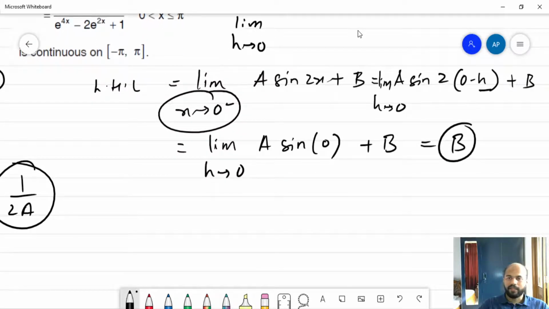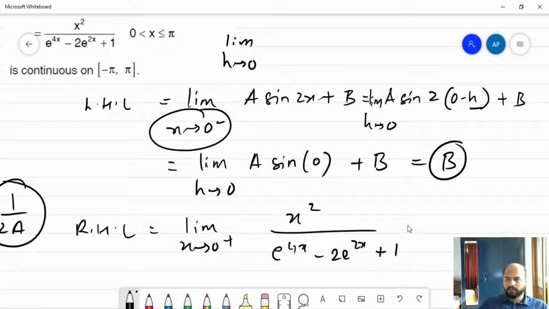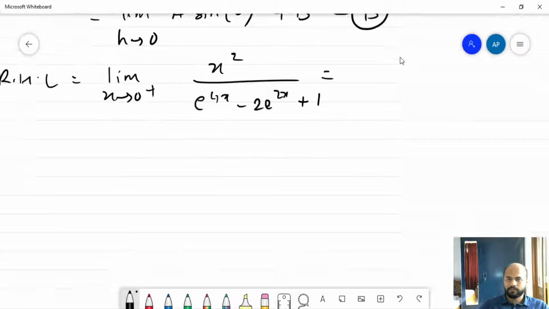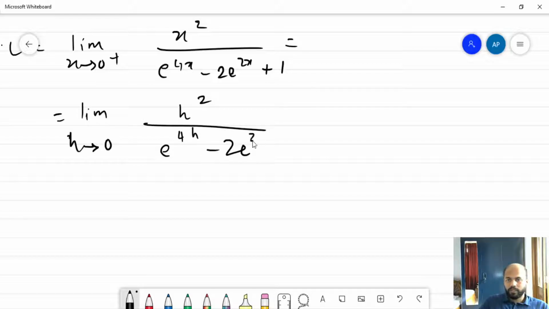So what we have to do now is solve for the right hand limit, which should be equal. So limit x tending to 0 plus, the value of the function is x square by e raised to 4x minus 2 e raised to 2x plus 1, which can further be written as limit h tending to 0 plus, x square by e raised to 4h minus 2 e raised to 2h plus 1.